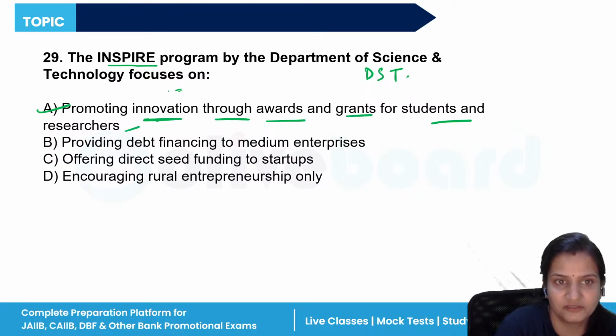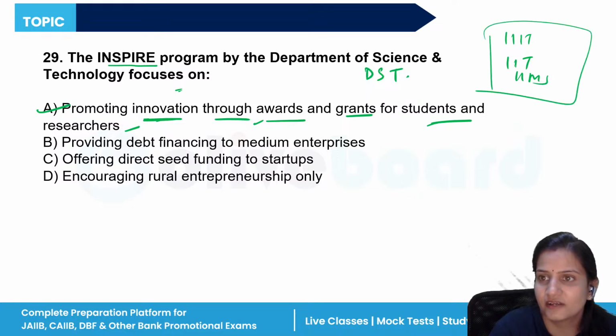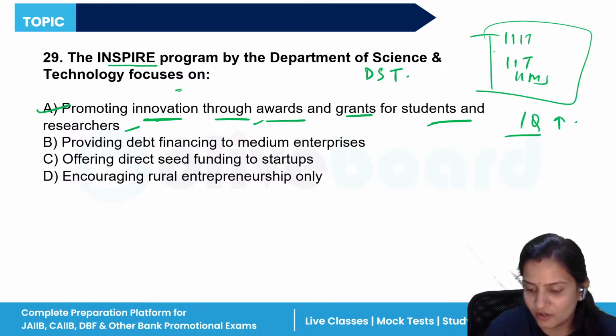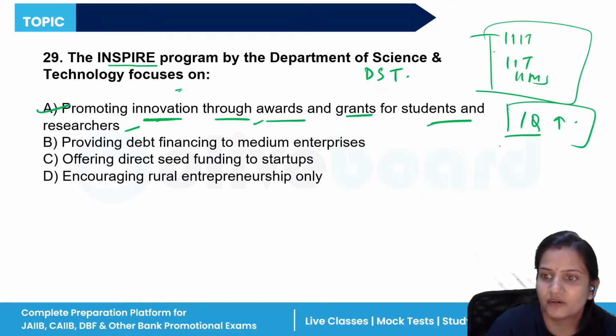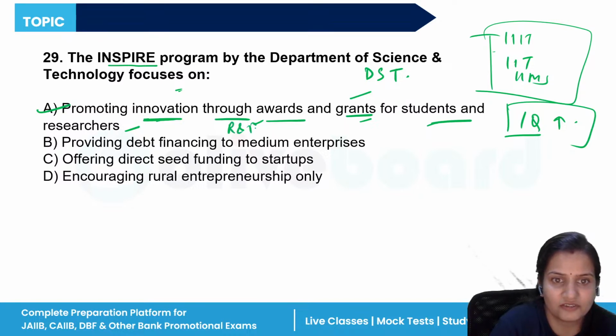Those students from IITs, triple ITs, IIMs, their IQ level is high. Agree or not? Their IQ level is high as compared to those who have studied from a normal college. So if they are doing any innovative work, then definitely grants will be provided for proper R&D, research and development.